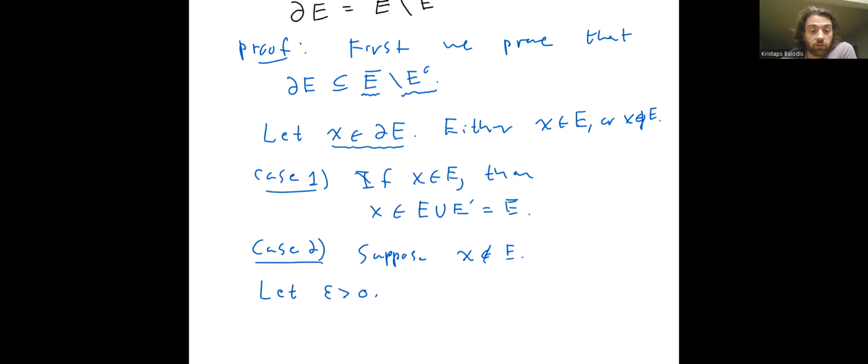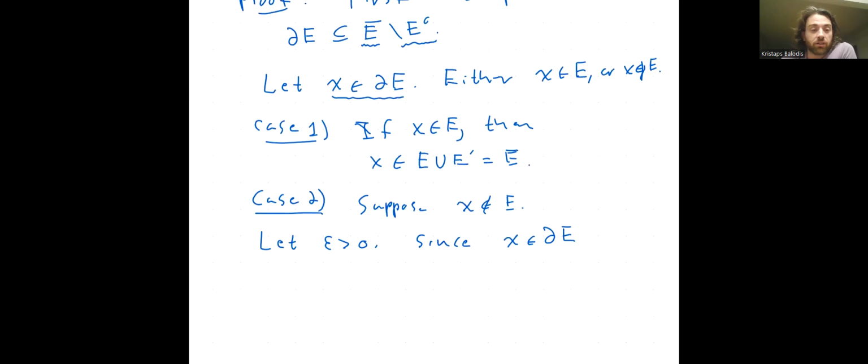Since we're working under the assumption that x is in the boundary of E, the boundary of E tells me something about all of these epsilon. In particular, it tells me that the epsilon ball around x intersect E has to be non-empty. That's one of the two conditions.